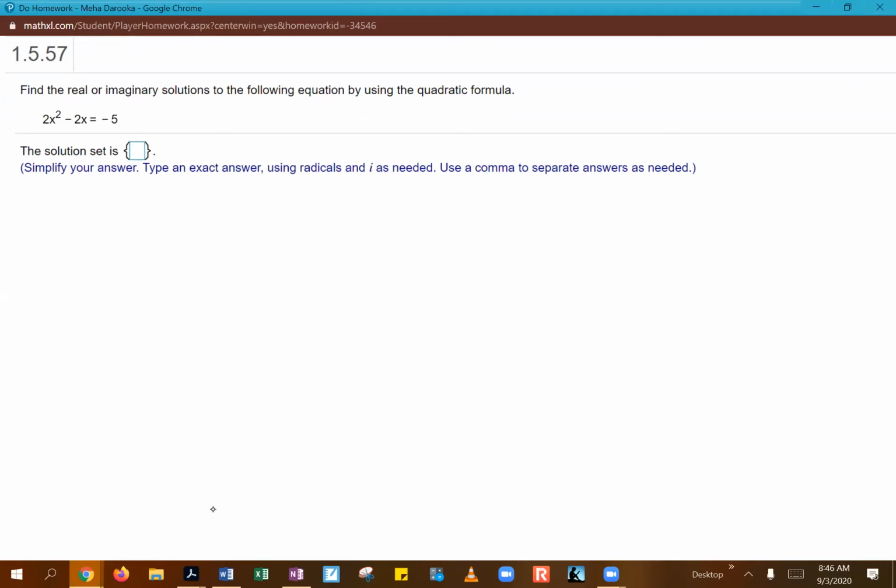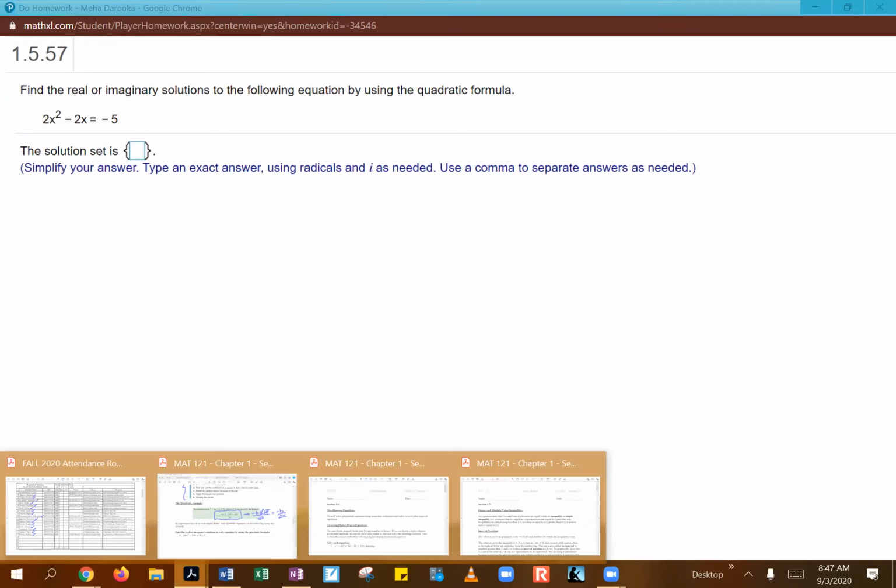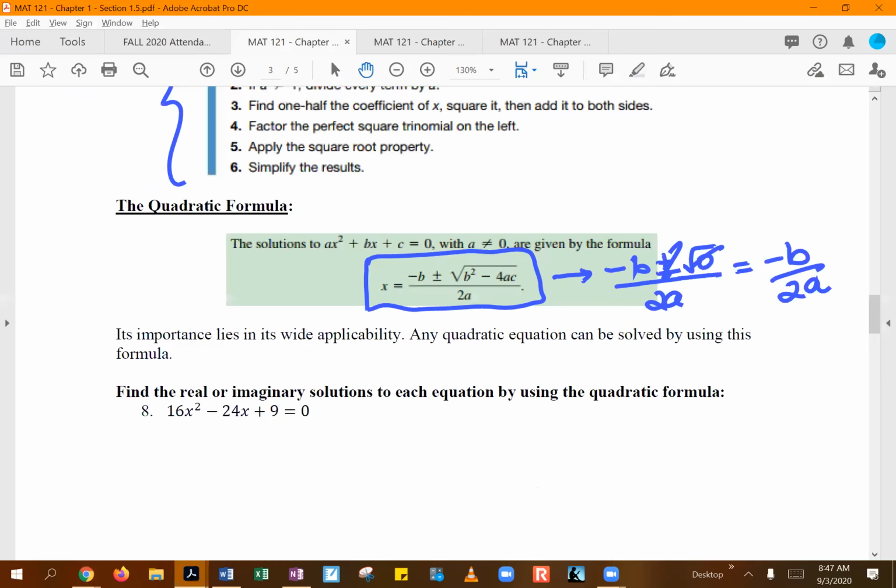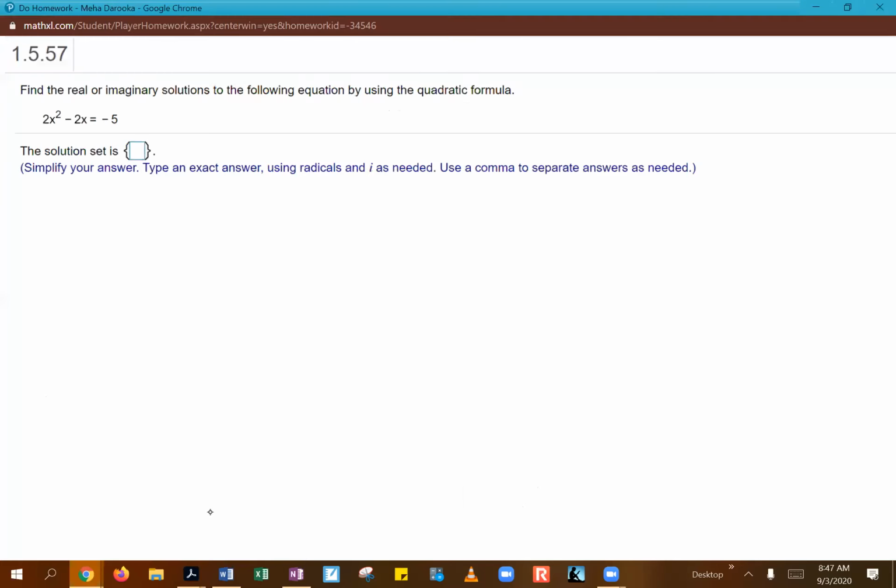Now, the one thing you always want to be careful about when you are using the quadratic formula, always rewrite your quadratic equation in the standard form, which means get all the 3 terms on one side and get 0 on the other side. So that's one thing you always have to do when you're using the quadratic formula.